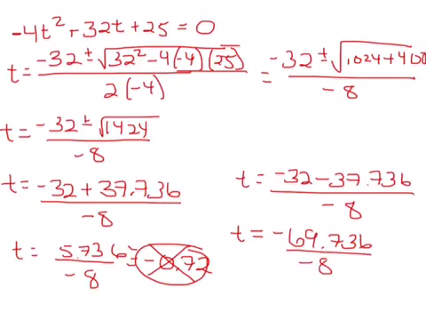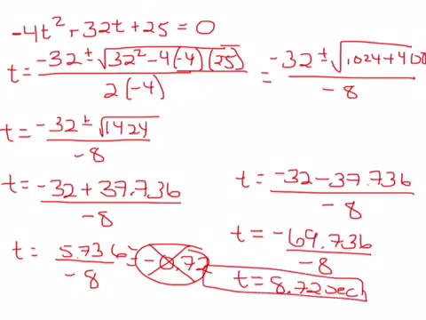And when we divide those two negative numbers, we get positive 8.717, or about 8.72 seconds. Okay, so by setting our height function equal to 0, that's saying it hits the ground, and using the quadratic formula, we just figured out the time that it hits the ground.